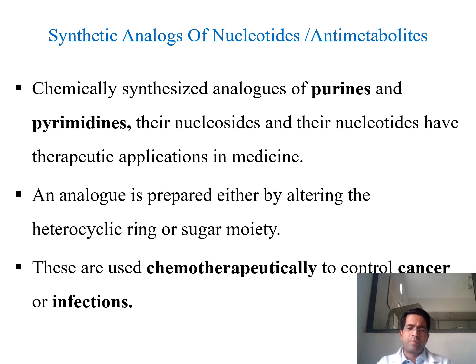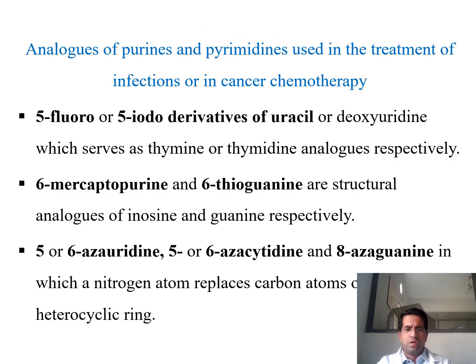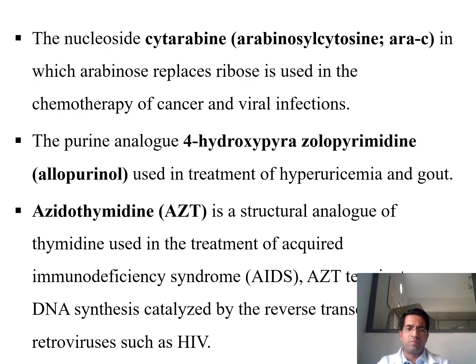An analog is prepared either by altering the heterocyclic ring or the sugar moiety in the nucleotide, and these are used mainly in the treatment of cancer, HIV infection, or any viral infections for that matter. 5-fluorouracil, 6-mercaptopurine, and 6-azauridine all come under the group of synthetic analogs. These are analogs of purines and pyrimidines which are used in the treatment of infection or in cancer chemotherapy.